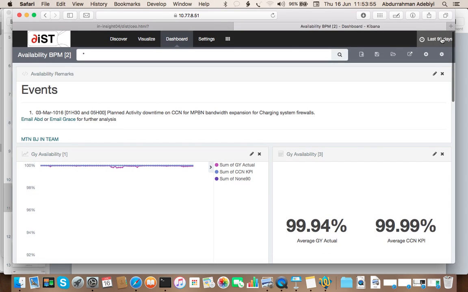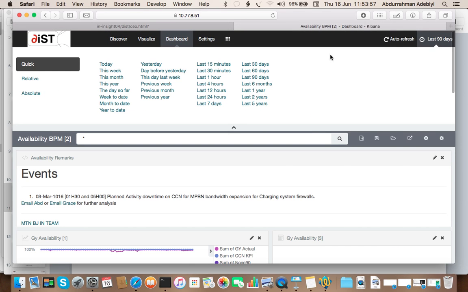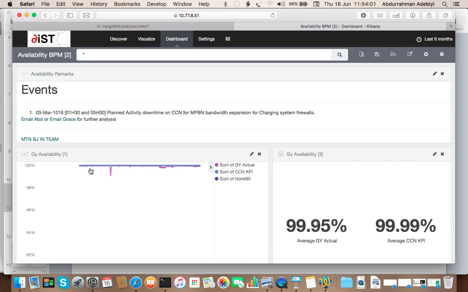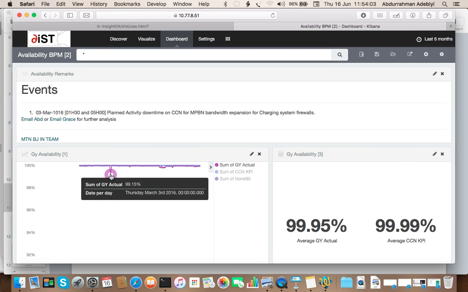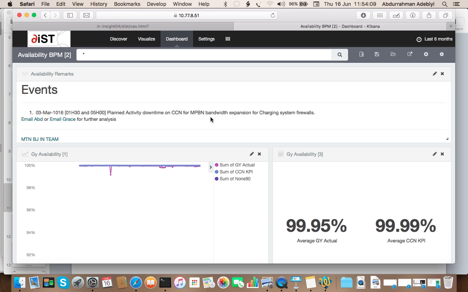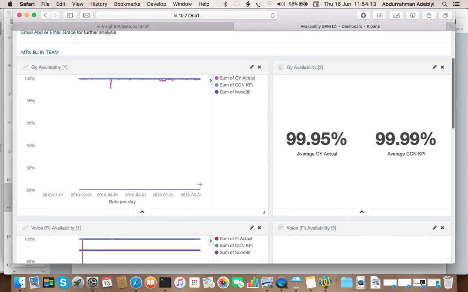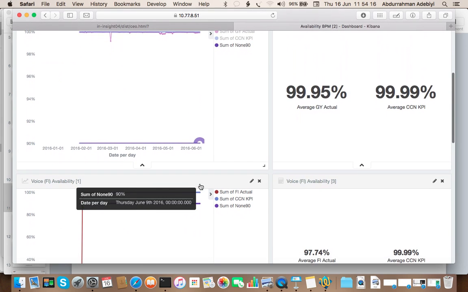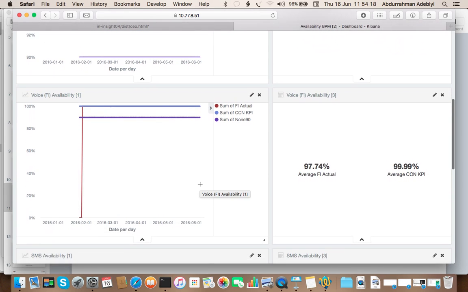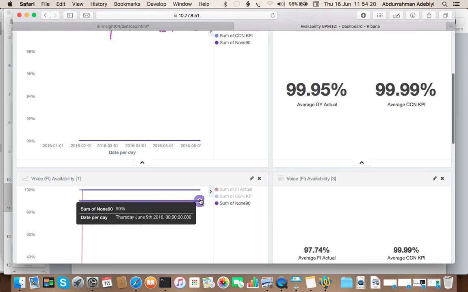Okay, we could go down and stretch it further to like 6 months. Yes, we can see this was when they really had a major, probably a major incident, and we can see it was due to changes in the network. So the CEO knows what must have happened, is on top of his game, and has enough information on why there was a drop.